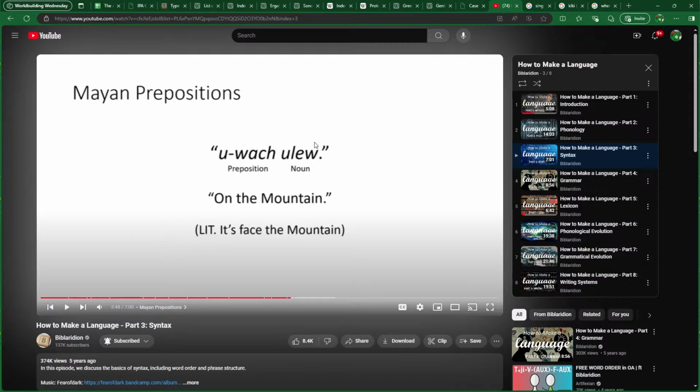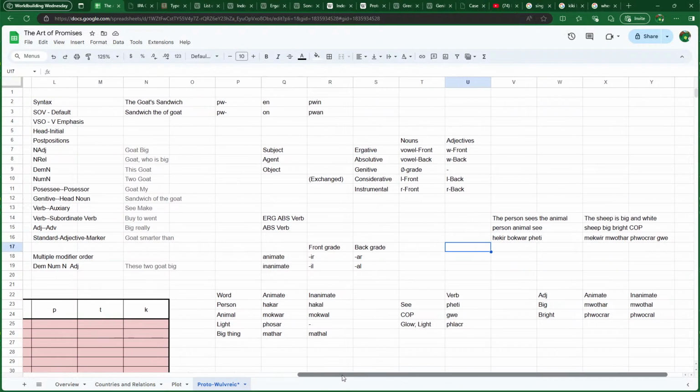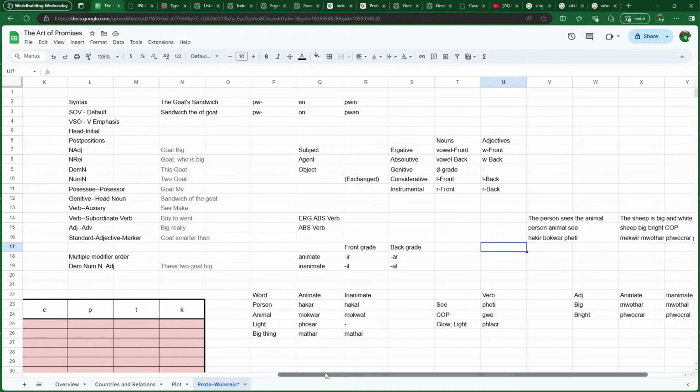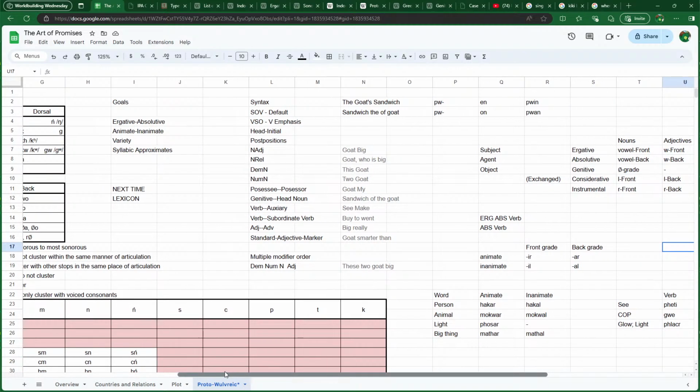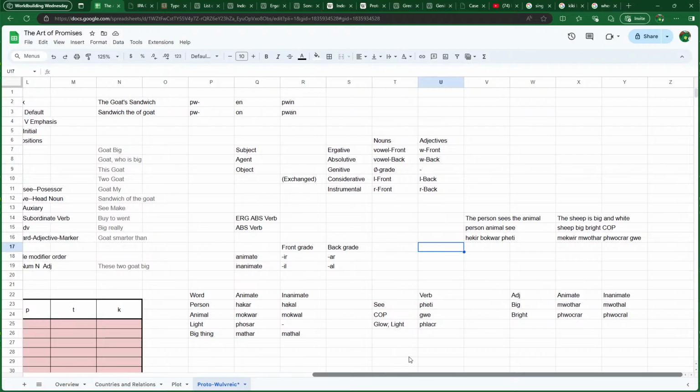So it's face the mountain. I think we will have verb-like postpositions.